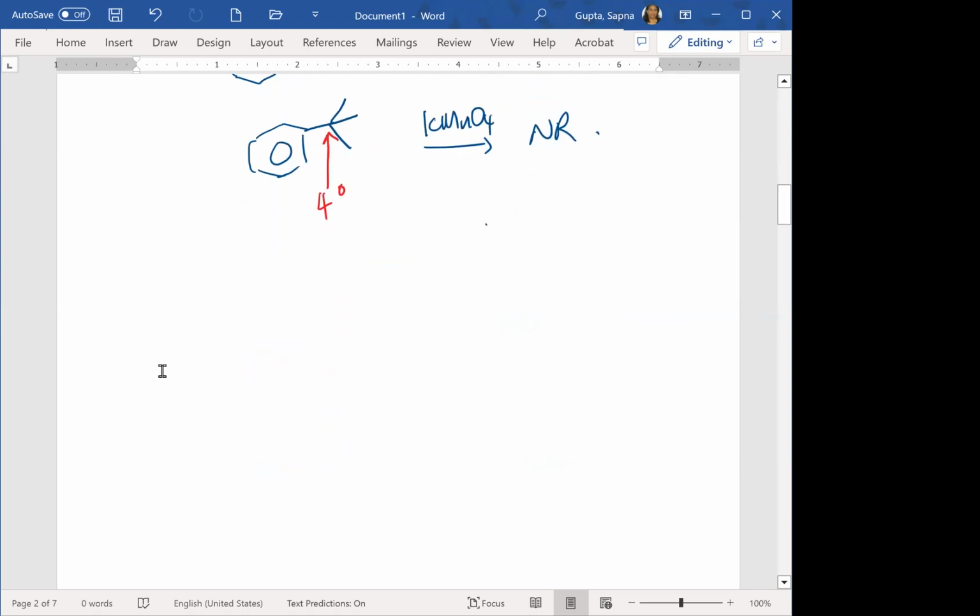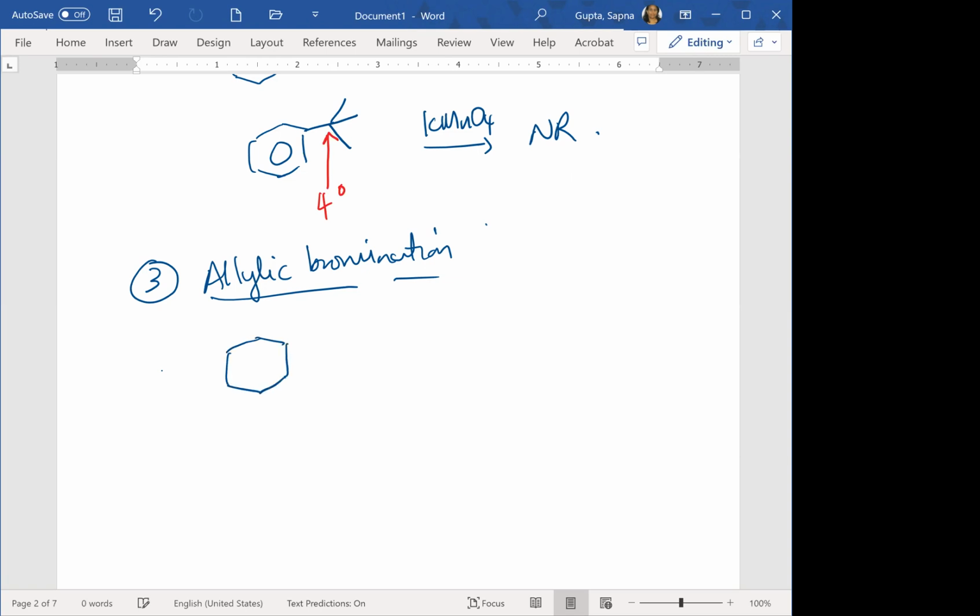Now for allylic bromination, which you also already know from free radical reactions. So allylic bromination is, of course, the bromination on the allylic position. So here, let me write the benzene ring with the double bonds so you can clearly see what's going on.